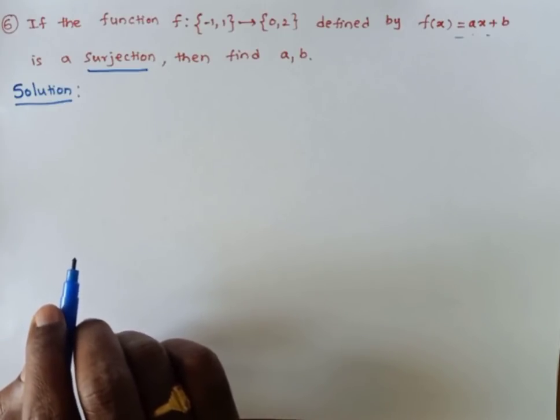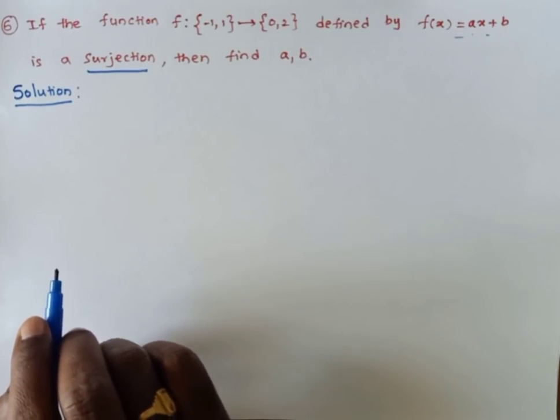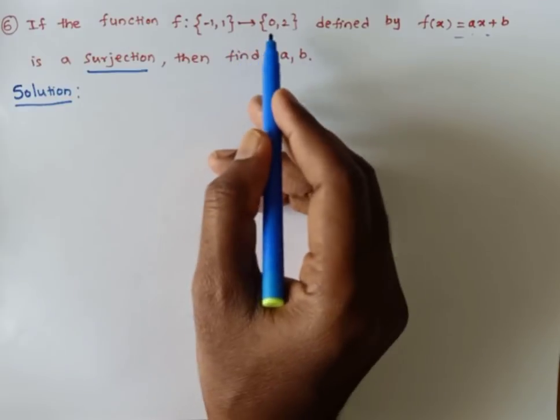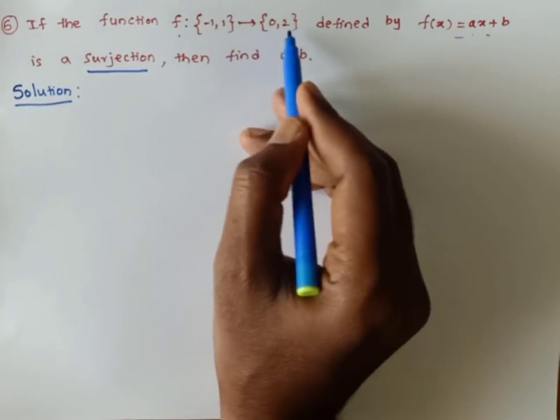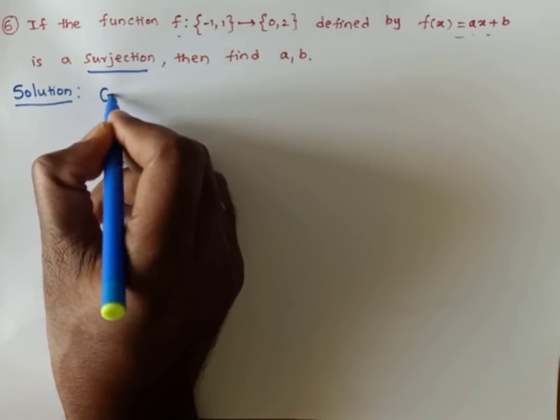What is the definition of surjection? The range of f is the same as the codomain of f. So the range for this function f is the same as the codomain.